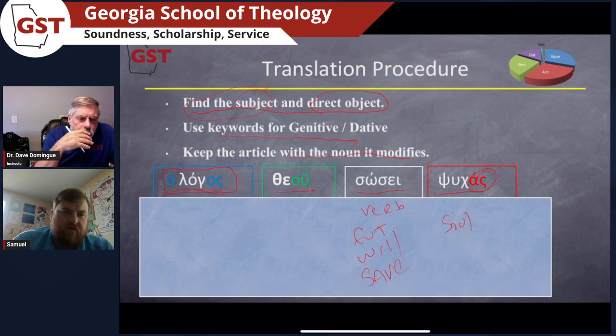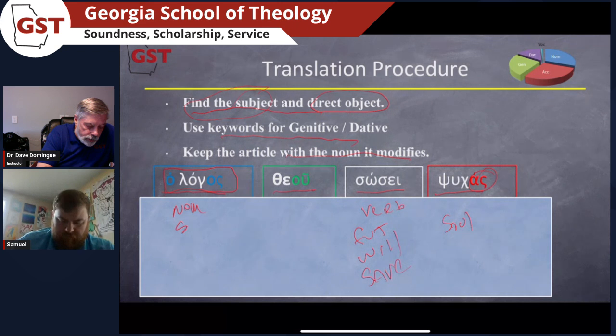What does main noun mean? What case is it? You only have four cases we've been looking at, right? Nominative, genitive, dative, and accusative. Which case is it? It's in the nominative. Okay, so how does the nominative function? As the main subject. Okay, as the subject, right? So this is the nominative case, functioning as the subject, and you already said it's masculine and singular.